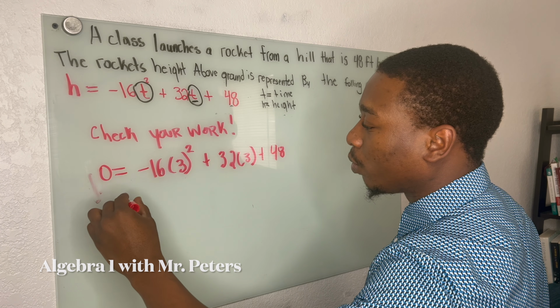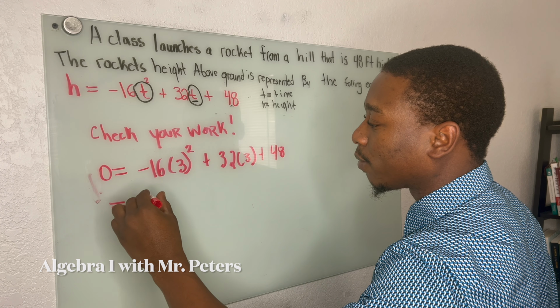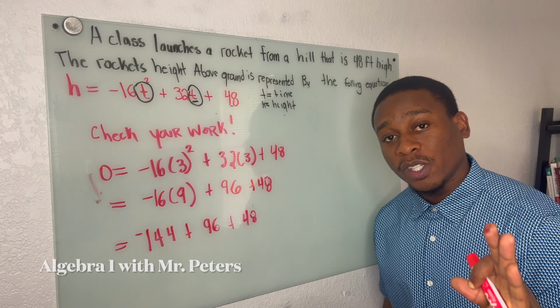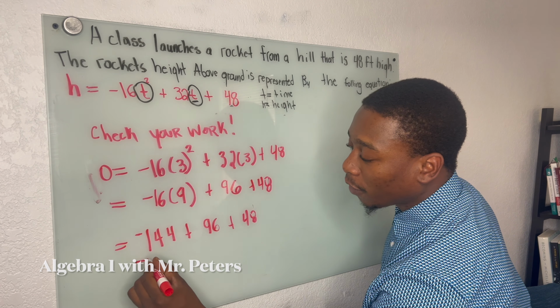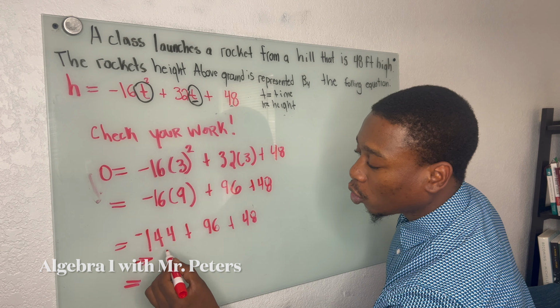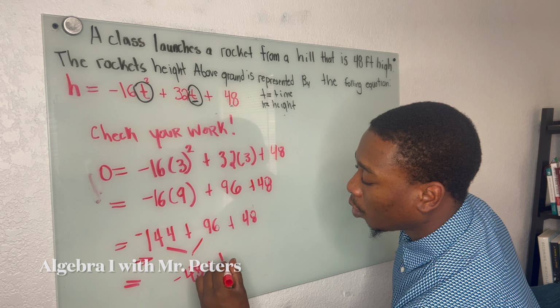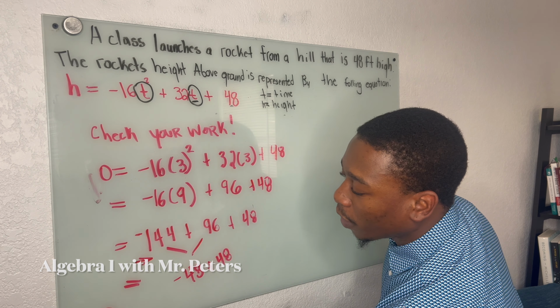As we start cleaning up the problem, we're going to get negative 144 plus 96 plus 48. Most important thing to remember, add left to right. Once we do, we're going to get negative 48 plus 48, and we know that 0 is equal to 0. So this is a true statement, and 3 satisfies our quadratic equation.